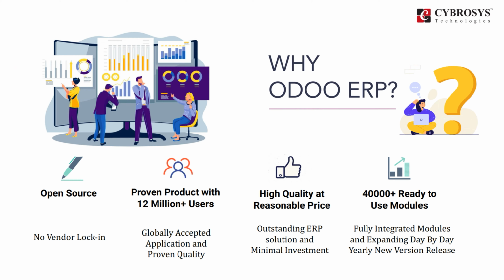Now let's discuss what is Odoo and why Odoo ERP. So basically, Odoo is an open source ERP system which is modular in design. It is therefore very user-friendly, reasonably priced, and versatile. Because of its modular nature, it may represent any business, and the applications used may vary depending on the industry.